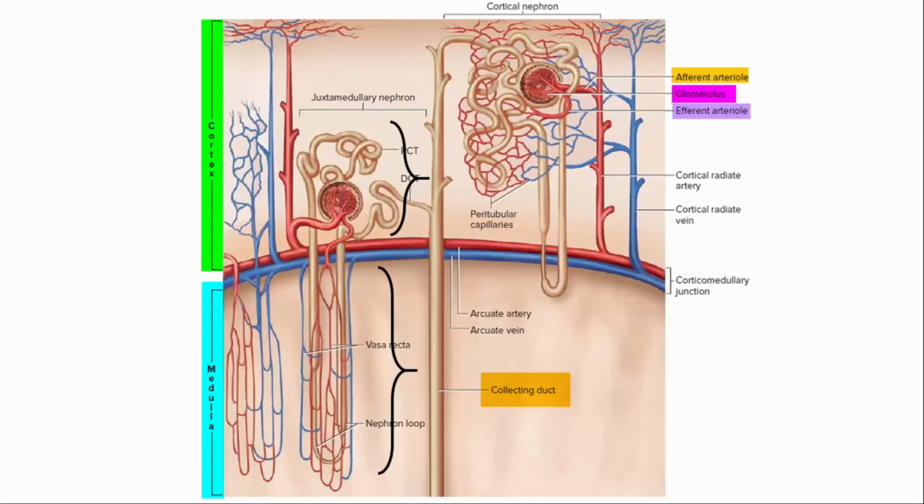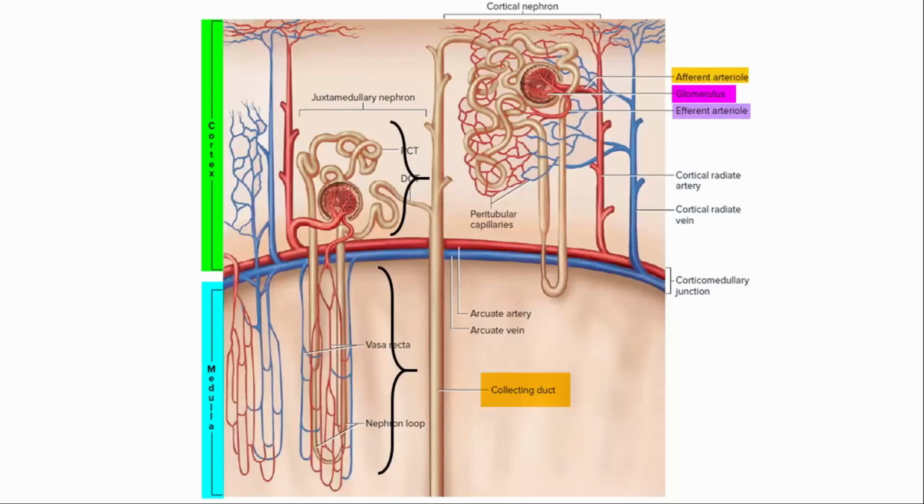Then, in the cortex, are all renal corpuscles at the same level? The answer is no. There are renal corpuscles near the outer part of the cortex, and there are corpuscles that are near the base of the medullary pyramid.